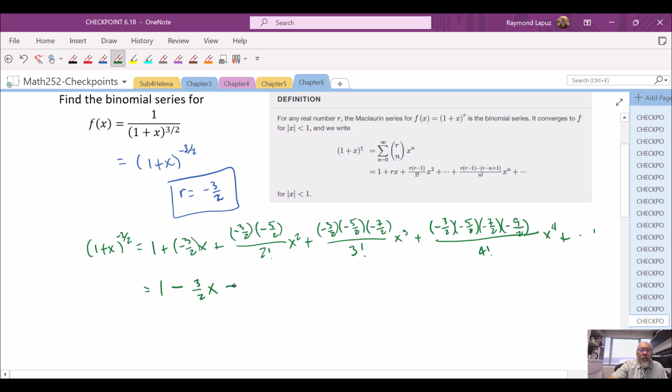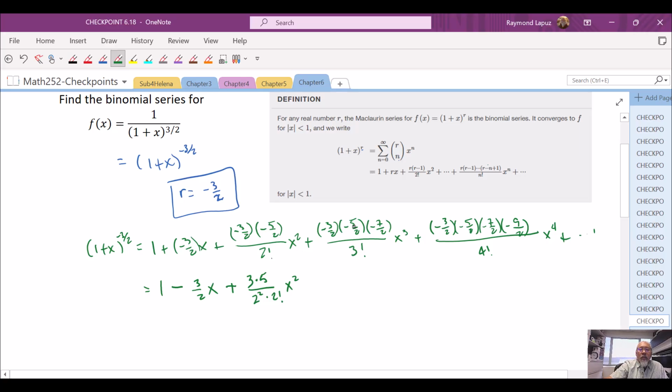We have negative times a negative is a positive, and then 3 times 5 in the numerator. And then we have 2 times 2, and then a 2 factorial. Now we can multiply all that stuff out, but I think it might be better if we leave it as 2 squared times 2 factorial for now, just for the sake of finding a pattern. And then we have the x squared.